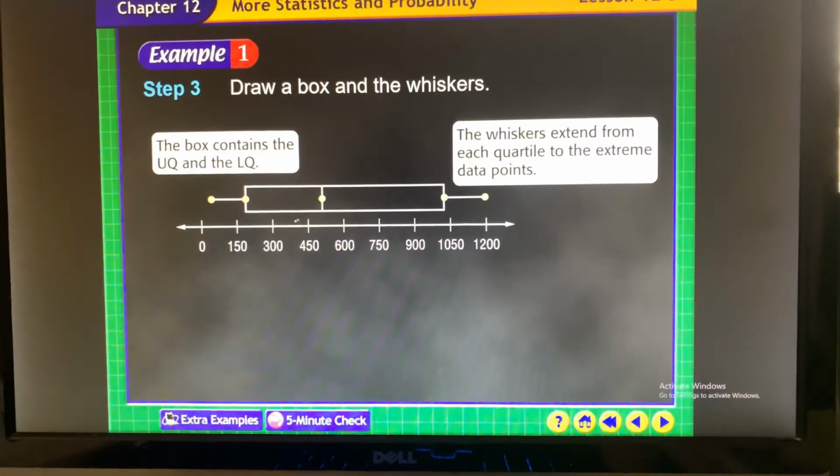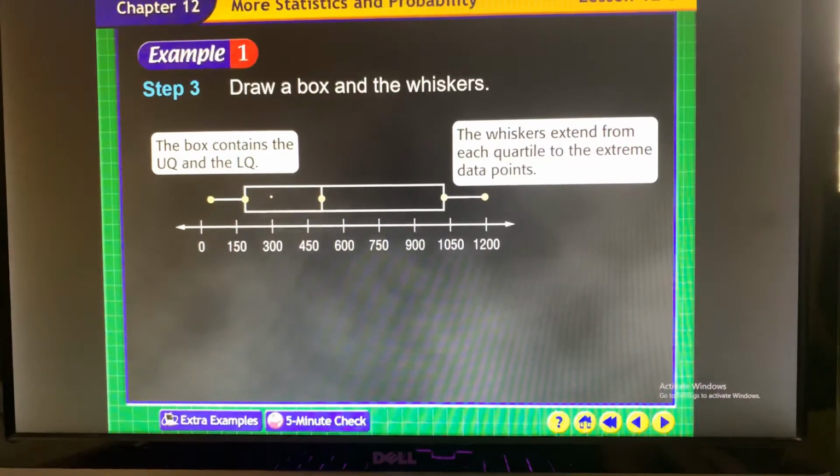I want you to notice a couple of things. First, notice the spread of the box. It's pretty wide. That means the data is pretty far apart, even in the center part of your data. Now notice your whiskers. From your lower quartile to your lowest value is pretty close together, and the same with the upper quartile and the upper extreme.